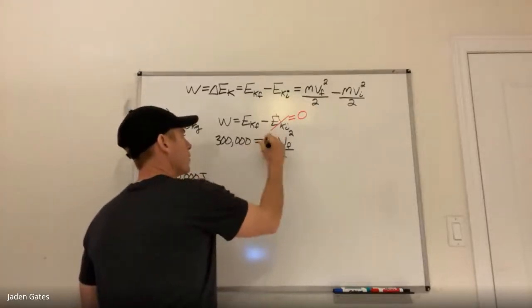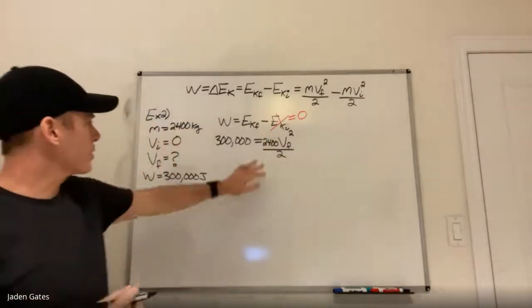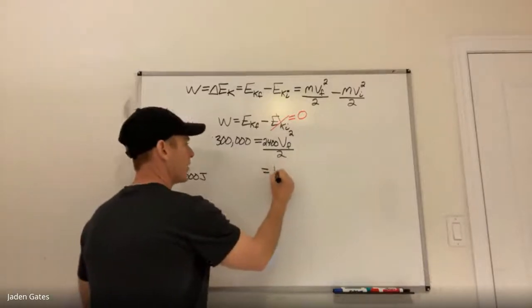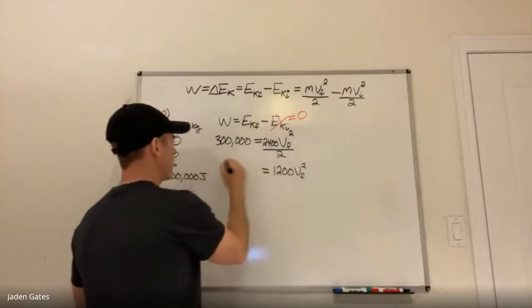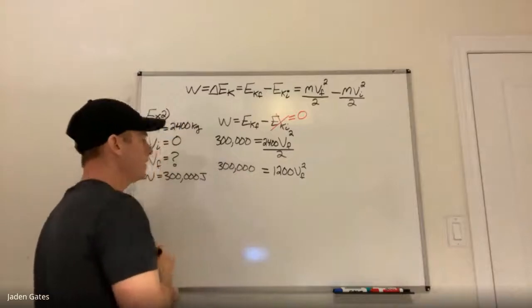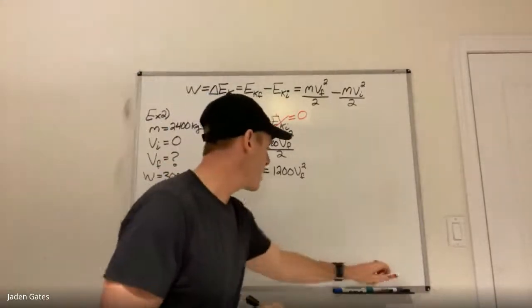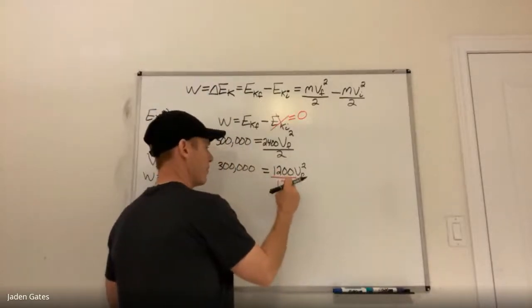Yeah, there we go, 2,400 kilograms. Again, I'm going to simplify where I have 2,400 divided by 2. Well, that is going to be 1200 VF squared. All right, so again, I still have my 300,000 joules of energy. And just like I did before, I'm going to isolate VF. I'm going to divide by 1200 on each side.